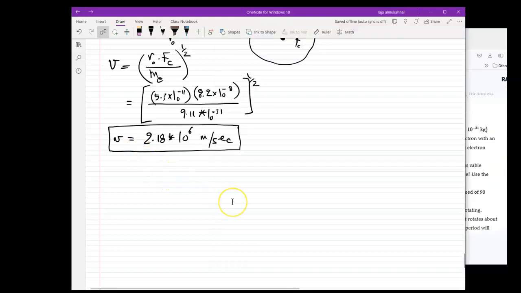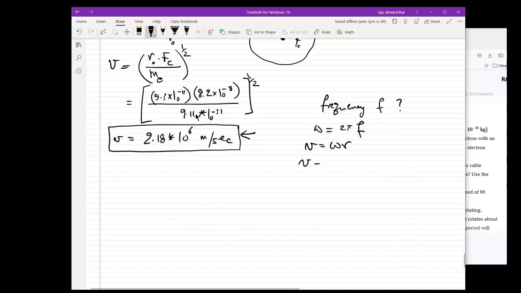So let's take it slowly. He's asking for frequency f, and we know that omega is equal to 2 pi f, correct? We also know that v equals omega r. So I already know v right here. So I can find omega, and from omega I can find f. Or I can do it all in one shot.